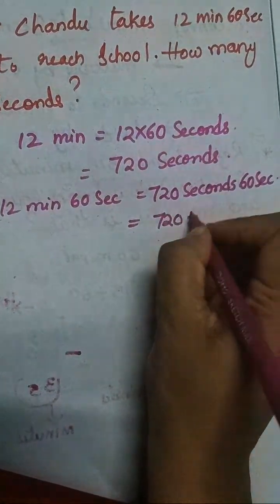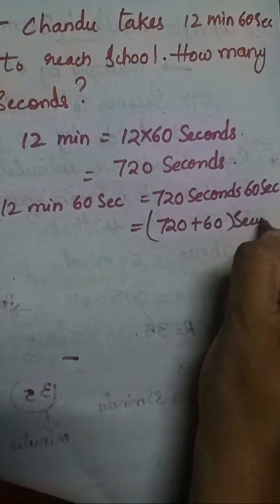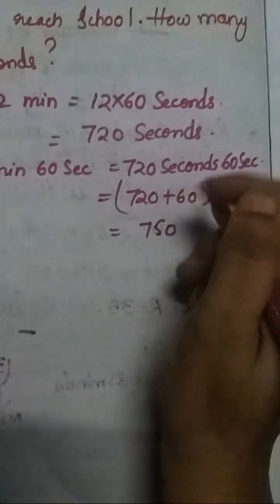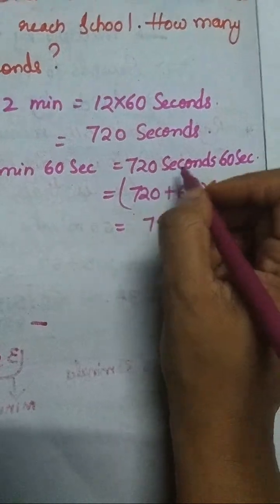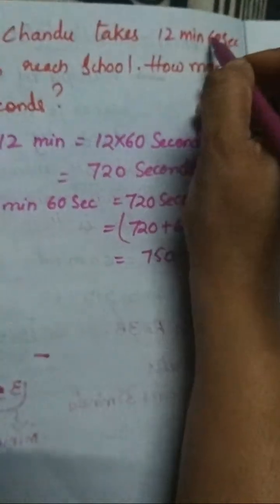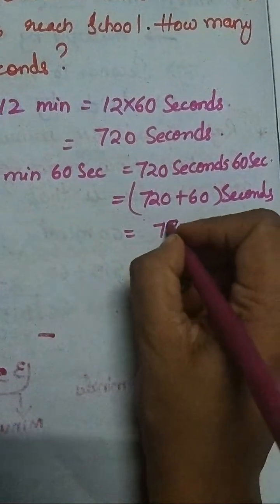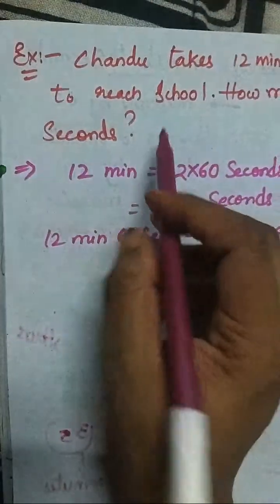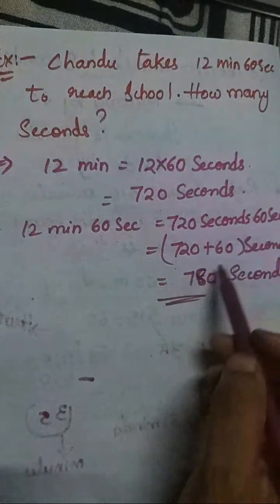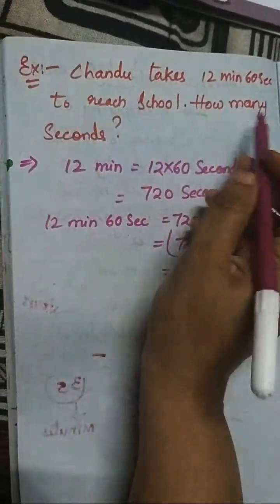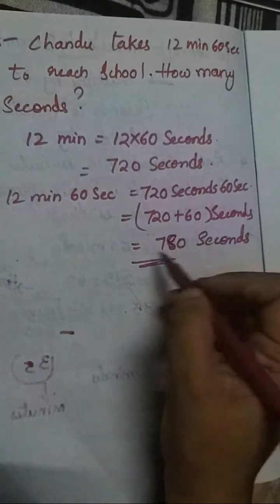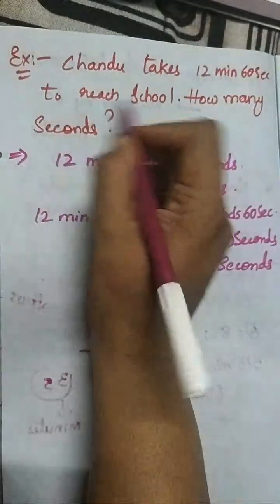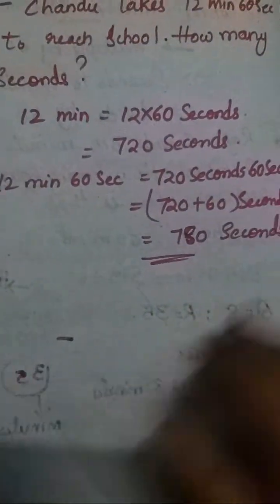Total 720 plus 60 seconds, so 780 seconds. Total 780 seconds are there. So Chandu takes 12 minutes 60 seconds, which is a total of 780 seconds to reach school. Like this we have to do the problems.